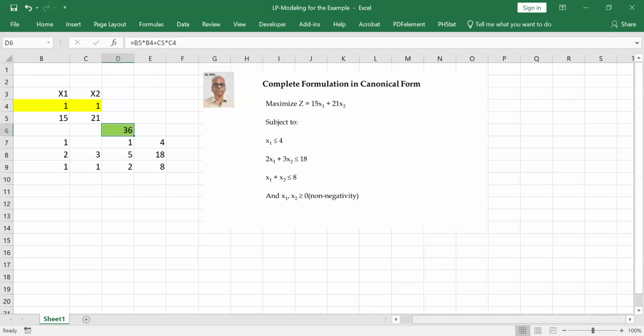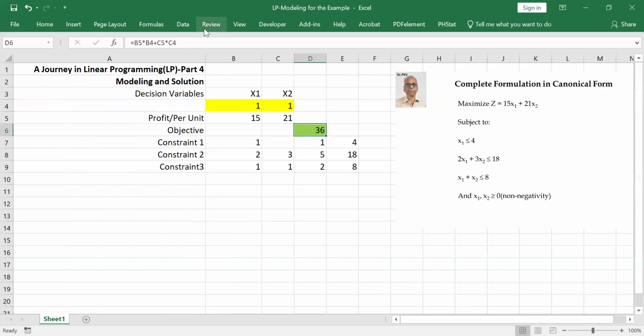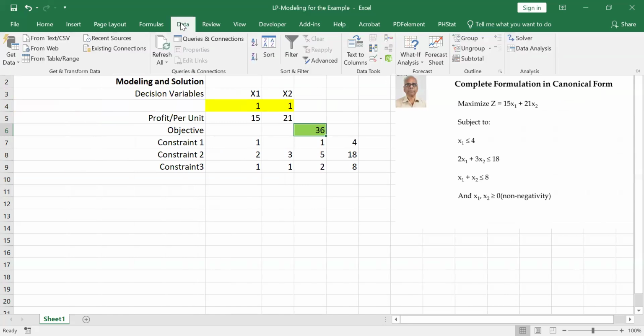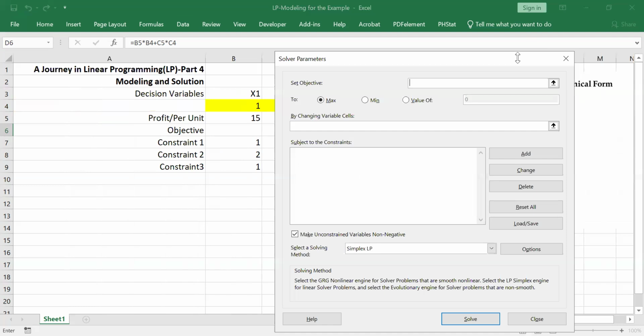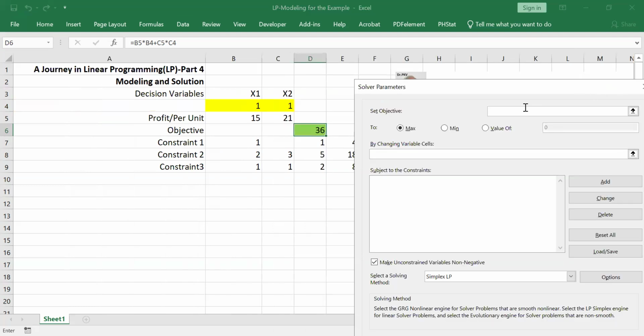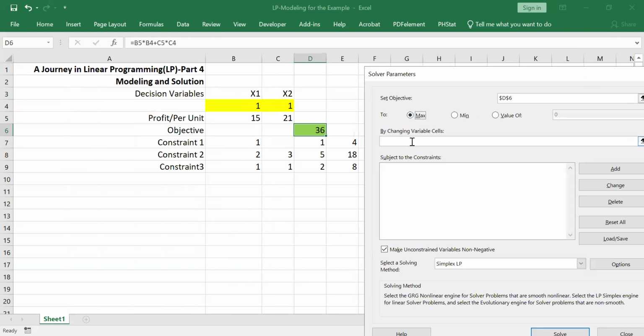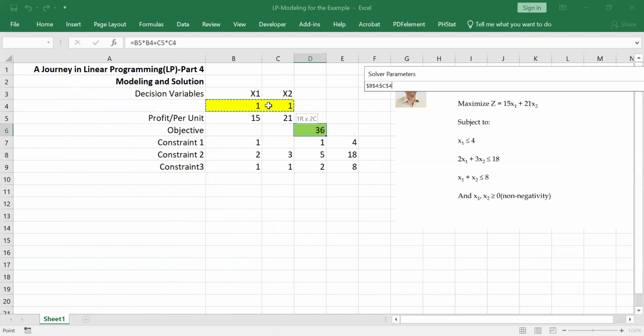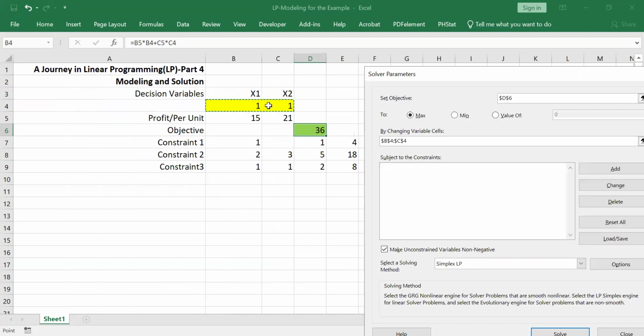Now I'm going to invoke solver, data solver. I have to state this is the objective function cell, the green color one. And I say maximize this. How do you maximize? By changing the decision variable cells, these yellow colored ones, B4 and C4. Are there constraints?